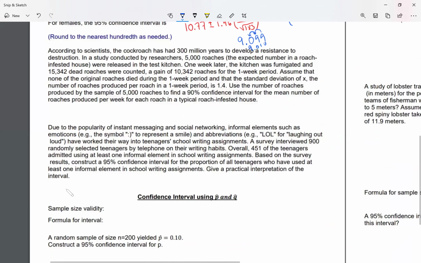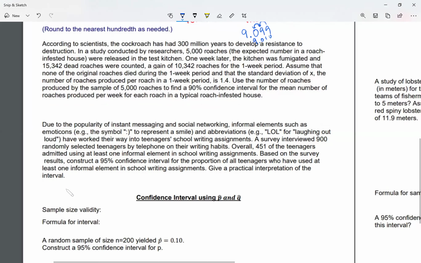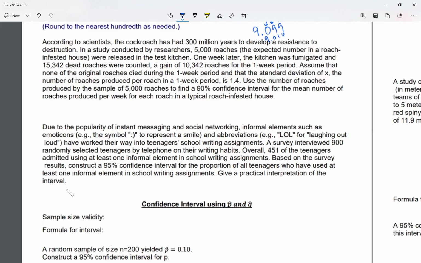According to scientists, the cockroach has had 300 million years to develop a resistance to destruction. Okay, first of all, there's a number, 300 million. It doesn't really have much to do with my information. It's just telling me that cockroaches have had a lot of time to practice.